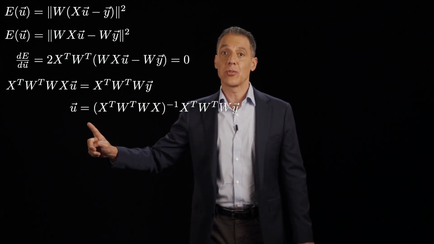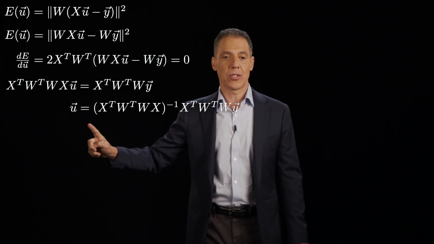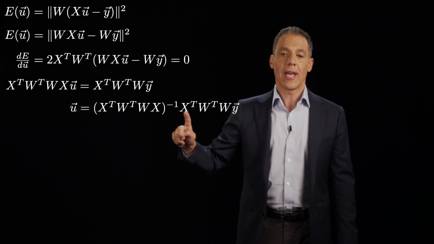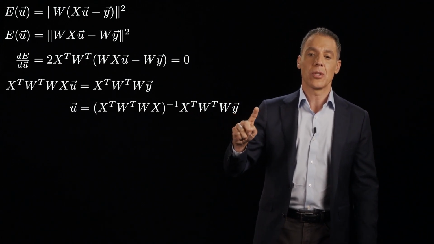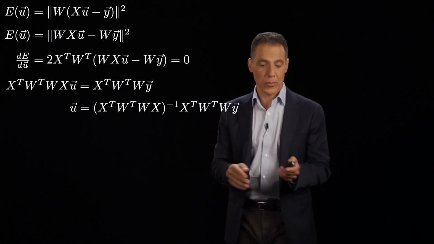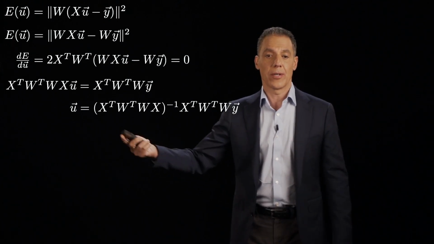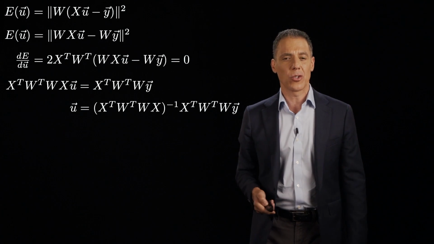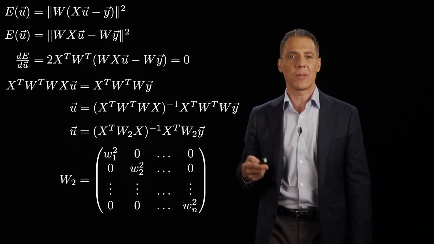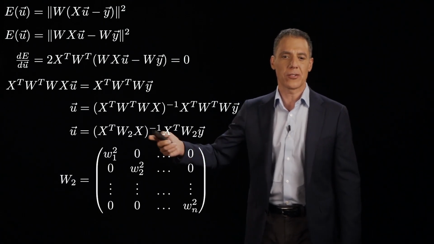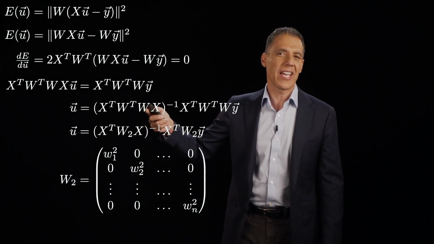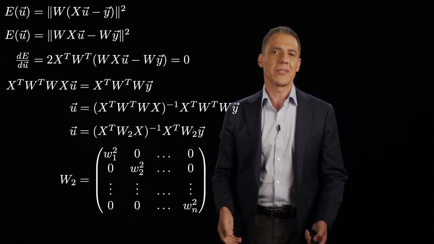So now my weighted least squares solution is X transpose W transpose WX, inverse, X transpose W transpose Wy, and I have a closed form solution for weighted least squares where W has the weighting along the diagonal. Let me simplify this a little bit and then make sure that this actually makes sense, because there should be a relationship to least squares. Let me define W2. Remember, W is a diagonal matrix. What's the transpose of a diagonal matrix?